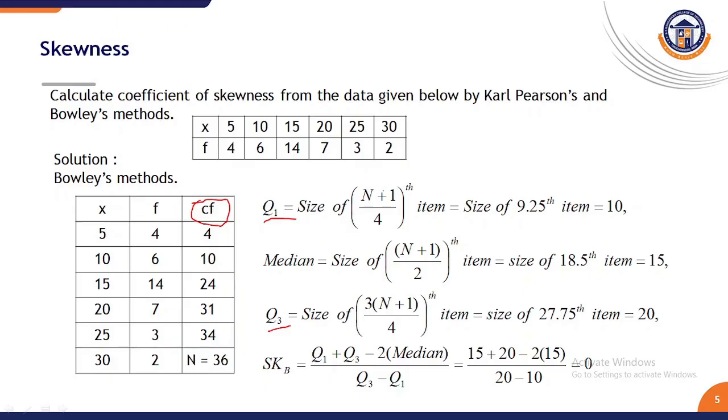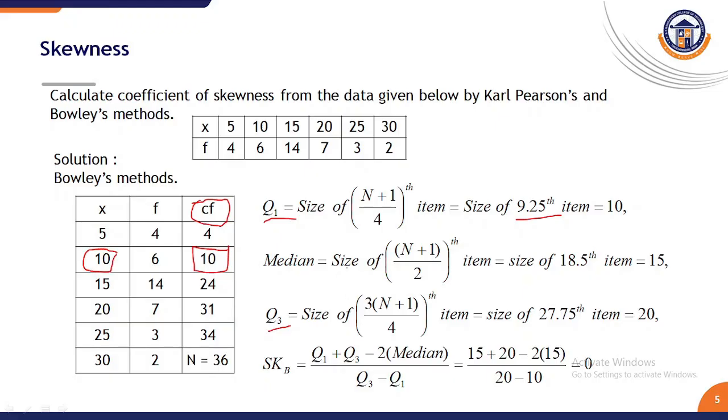Q1 equal to size of n plus 1 divided by 4th item. That means size of 9.25th item. So it comes under this 10. So its corresponding x is the Q1 value. So Q1 equal to 10.